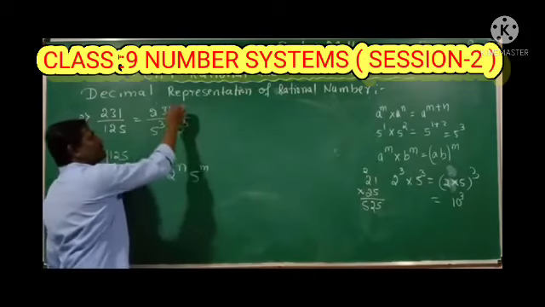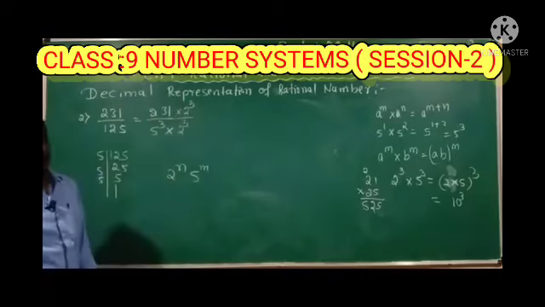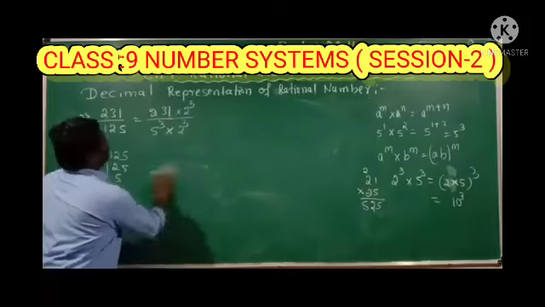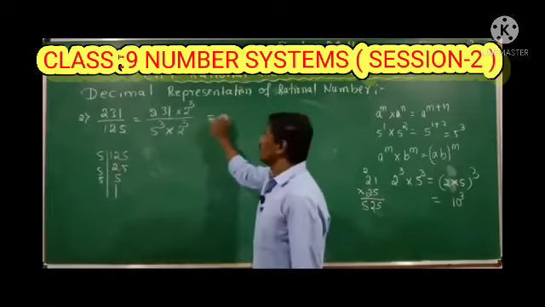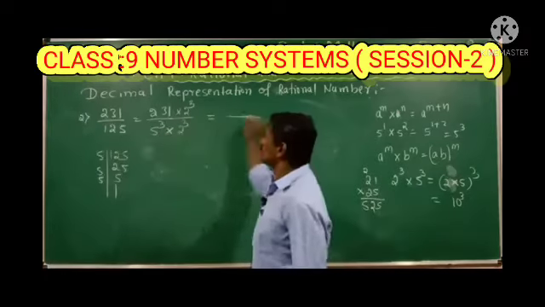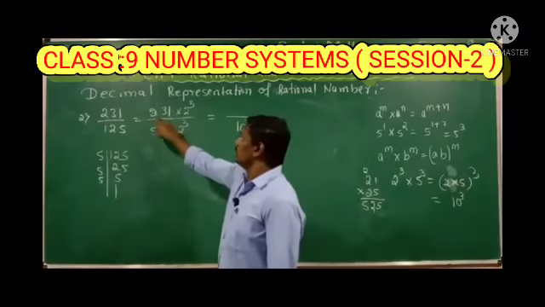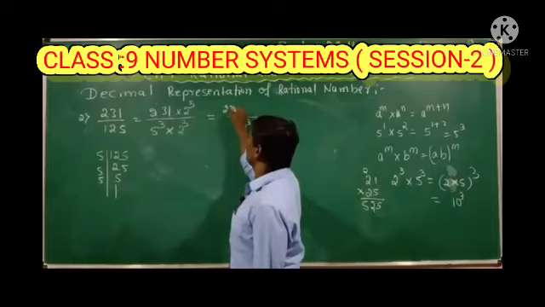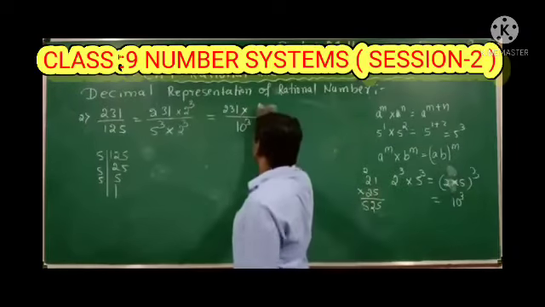I multiply the same term for the numerator also, right? Once I multiply 2 raised to 3, what will I get here? Bases are different with common powers, means 5 2s are 10, 10 raised to 3. Now 231 into 2 cube means 2 2s are 4, 4 2s are 8.